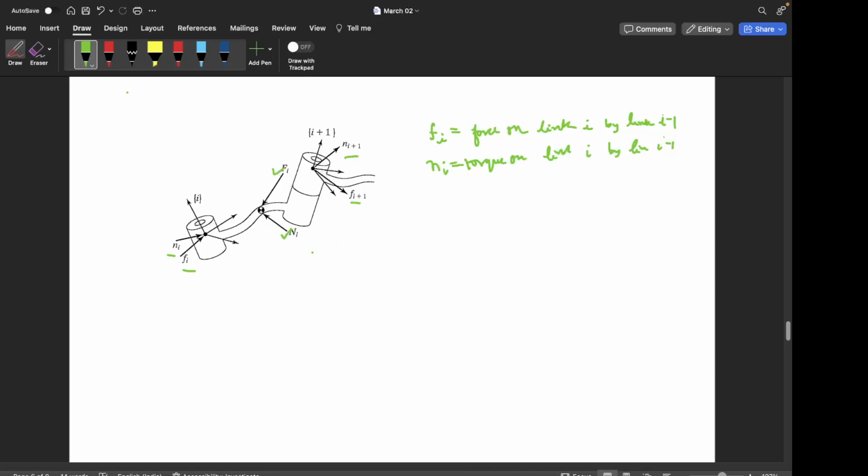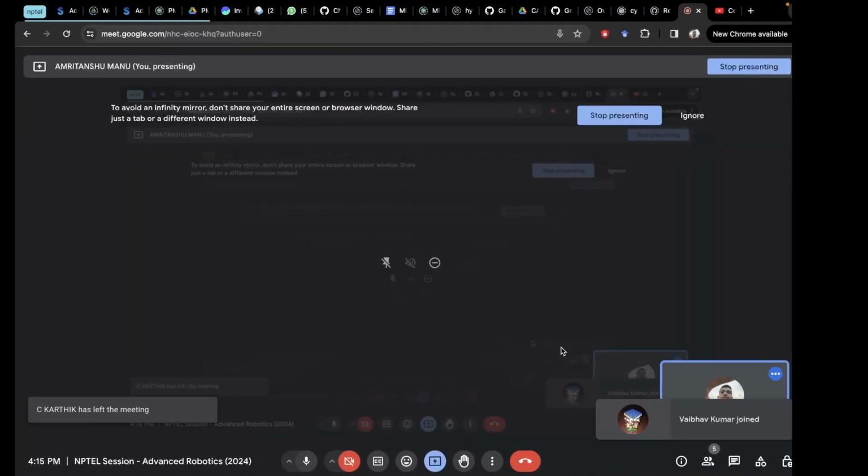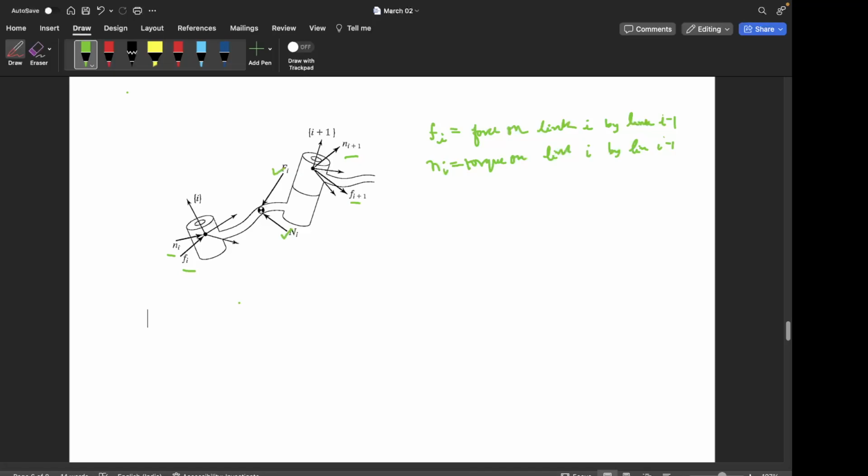Okay, so now for a given body, we just have to write the force balance and torque balance. For the force balance equation, we write Fi, that is the force acting on this link, and this Fi plus 1 is the force acting here. So here the opposite force will act, like this, minus Fi plus 1.